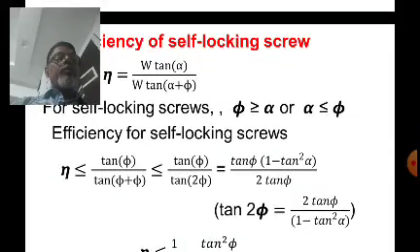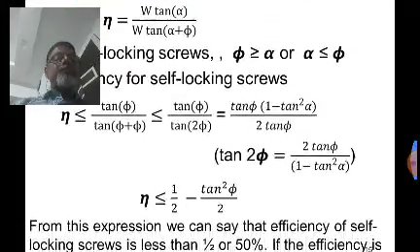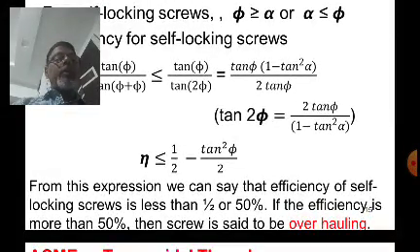Right? So what do you get? Tan phi into (1 minus tan square phi) divided by 2 times tan phi. Now, efficiency is less than or equal to 1/2 minus tan square phi. From this expression, we can say that the efficiency of the self-locking screw is less than 1/2, because it is 1/2 minus something, so definitely it is less than 50%.